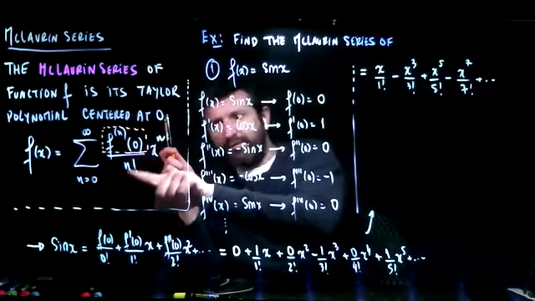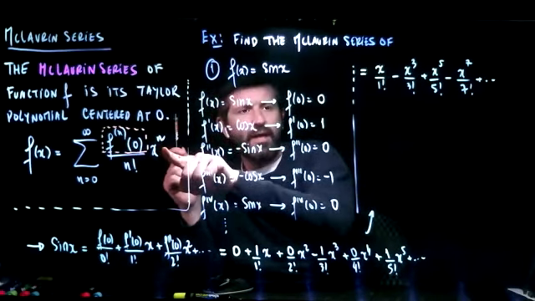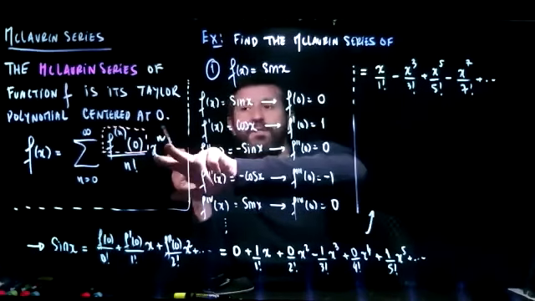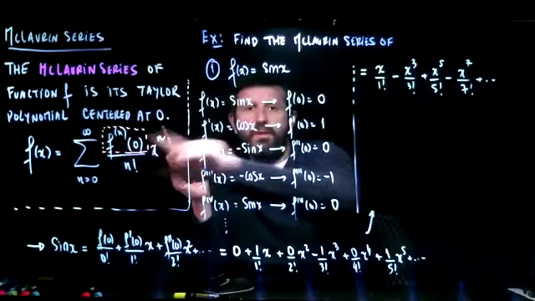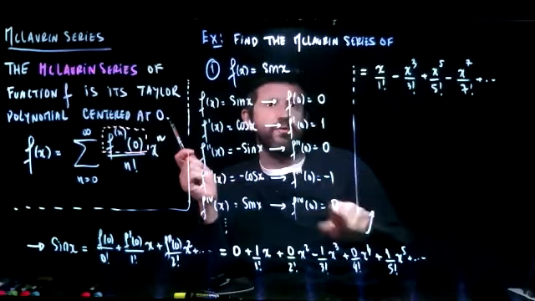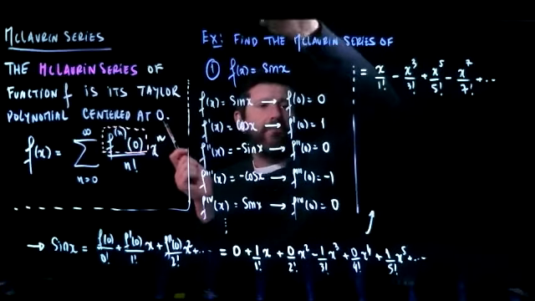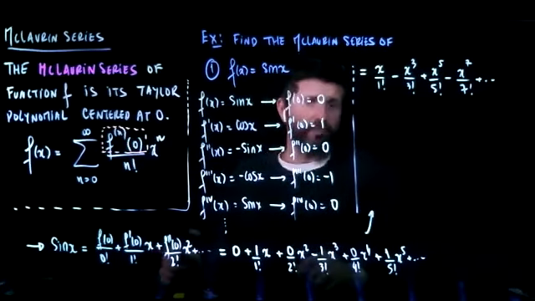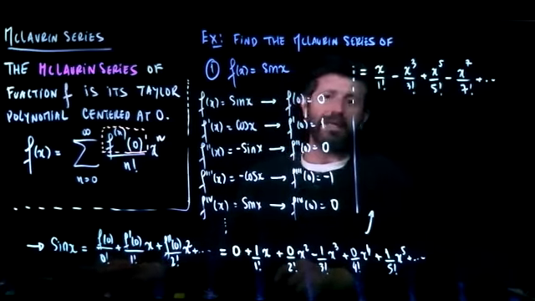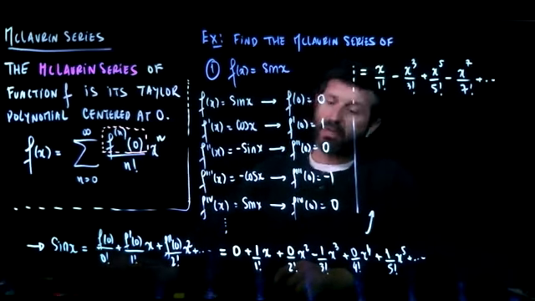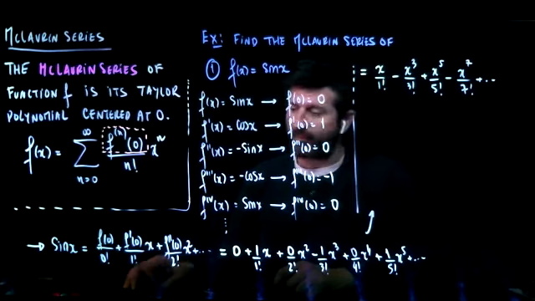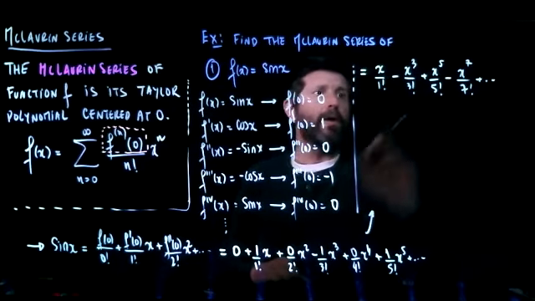So this I have to divide by n factorial and times x to the power n. I see. You're right. If there wasn't the n factorial and there wasn't the x to the power n, true, it would just be 0 plus 1 plus 0 minus 1 plus 0. I'm not sure if this would cancel, by the way. It's an infinite series that alternates. It's an alternating series that does not necessarily converge. It doesn't converge, actually.